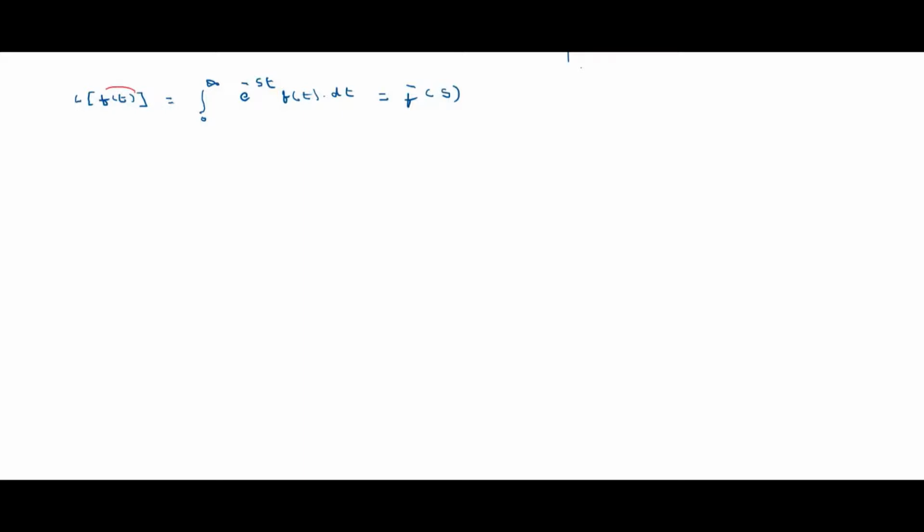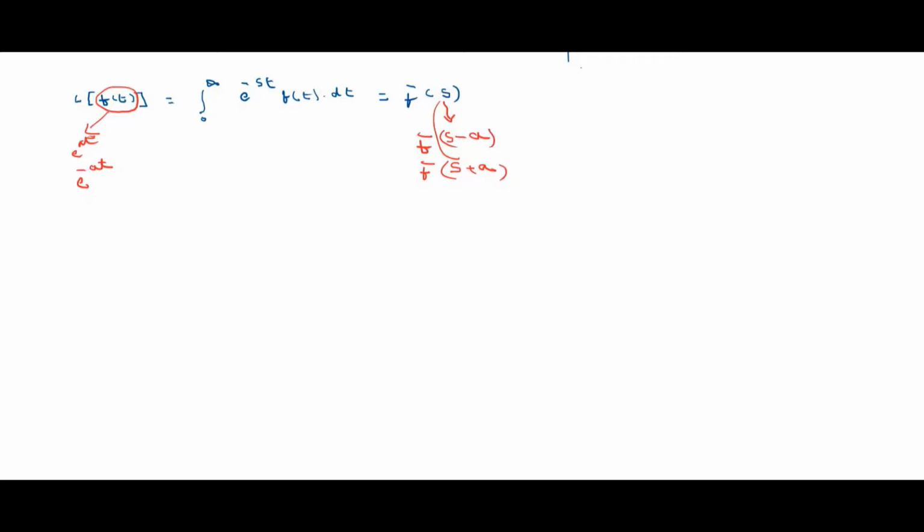If this function is multiplied by e raised to at, then this s changes to s minus a. If it is multiplied by e raised to minus at, then this s changes to s plus a. This is f bar s plus a, and this is f bar s minus a.